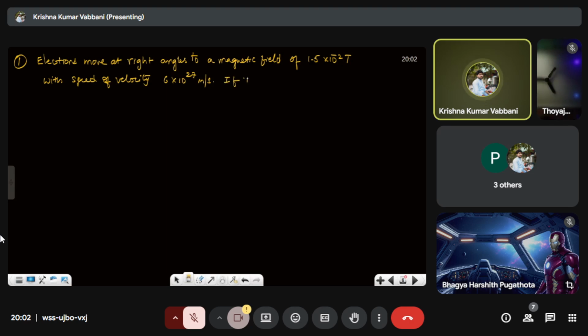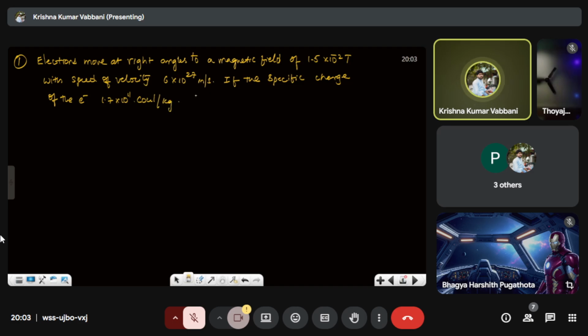So if the specific charge of the electron is 1.7 into 10 power 11, sorry, it's coulomb per kg.